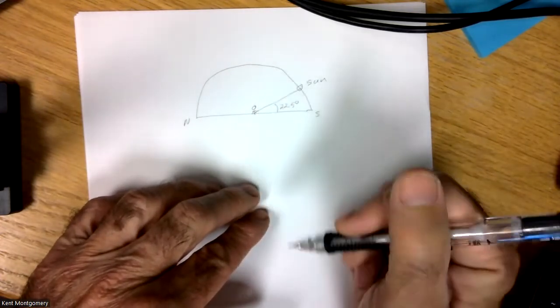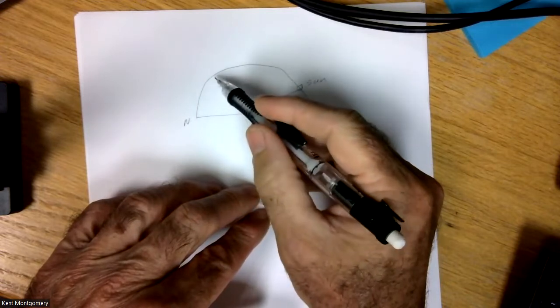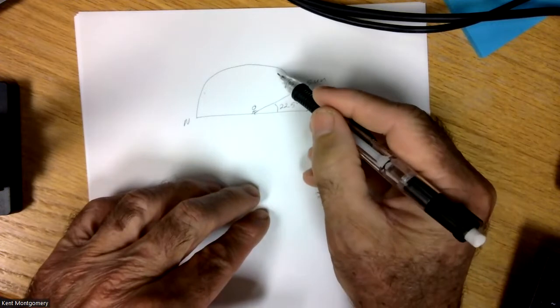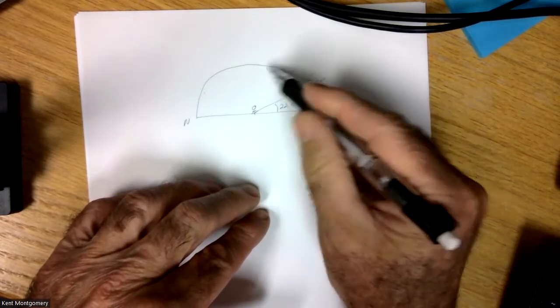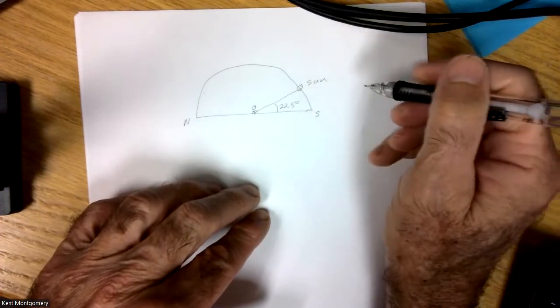Okay, but to figure out what our latitude is, we have to figure out where the North Celestial Pole is. It's going to be over here somewhere. But we know the North Celestial Pole is always exactly 90 degrees from the celestial equator. So we have to figure out where the celestial equator is. Whenever we find the sun, we figure out where the celestial equator is.